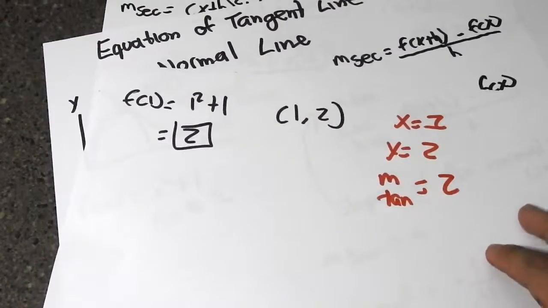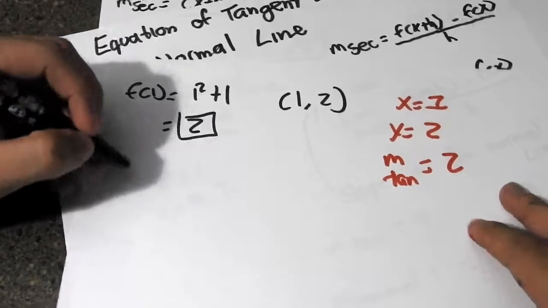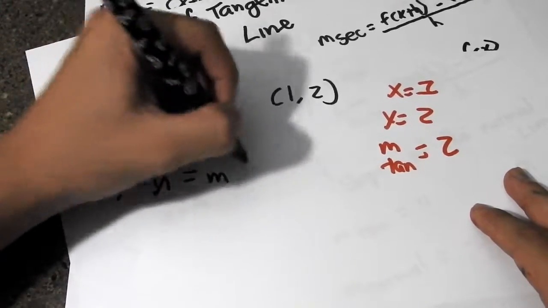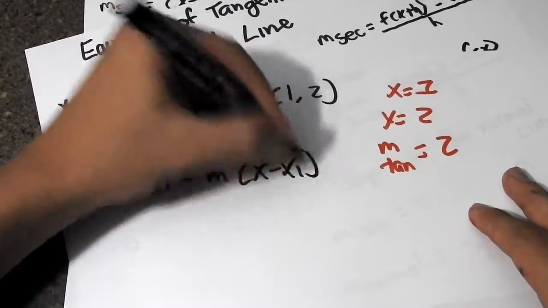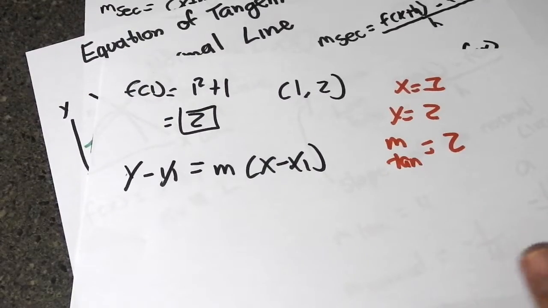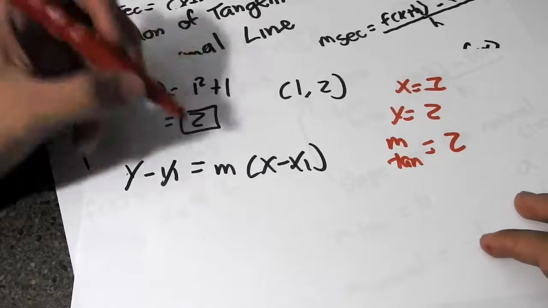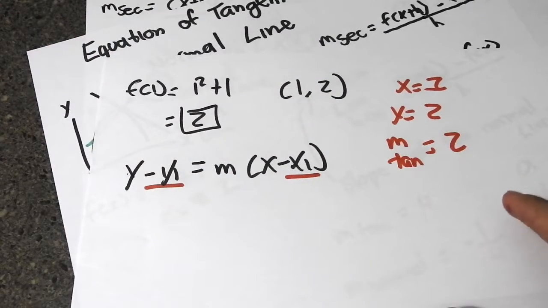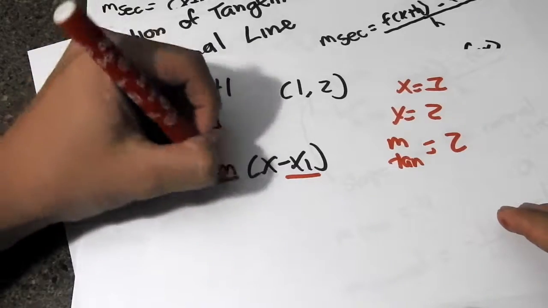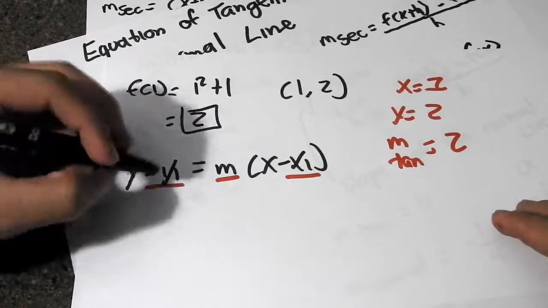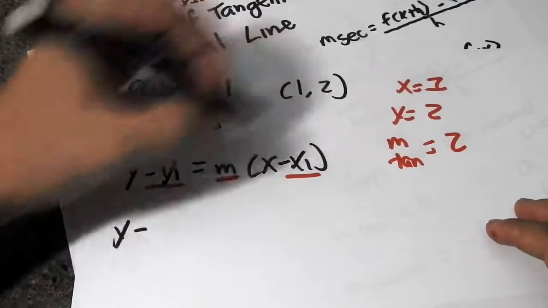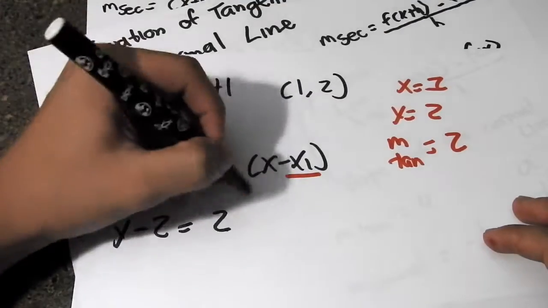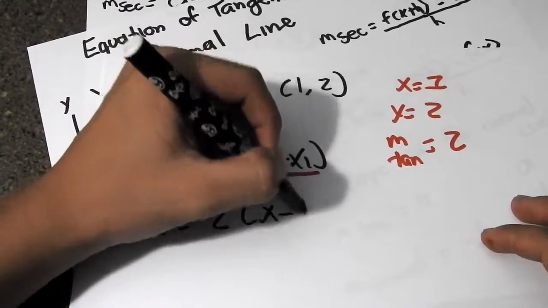So to get the equation of the line, we're going to use the point slope formula, y minus y1 equals m times x minus x1. And now we just replace x1, y1 with our x, y values, and the slope with our slope value. So we end up with y minus 2 equals 2 times x minus 1.